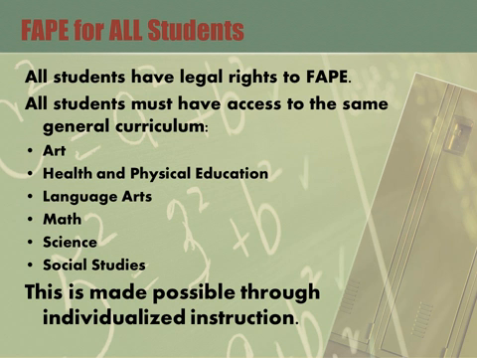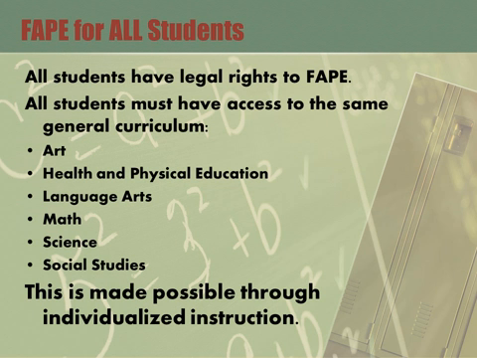So to further distill the point that I'm making, I want you to understand from this point forward through the rest of the lecture that all students, general education students and students receiving special education, both have legal rights to a free and appropriate public education. And all students, general and special education students, need to have access to the same general curriculum.